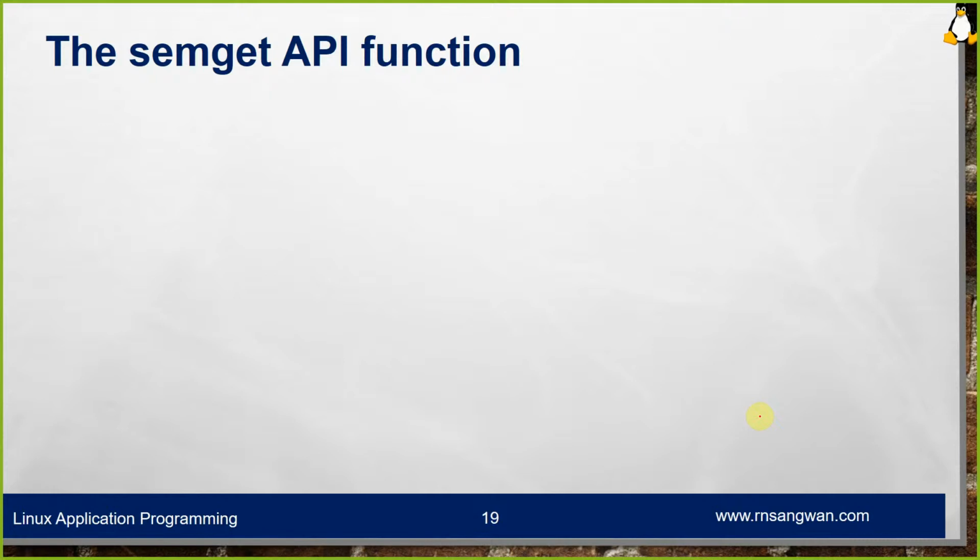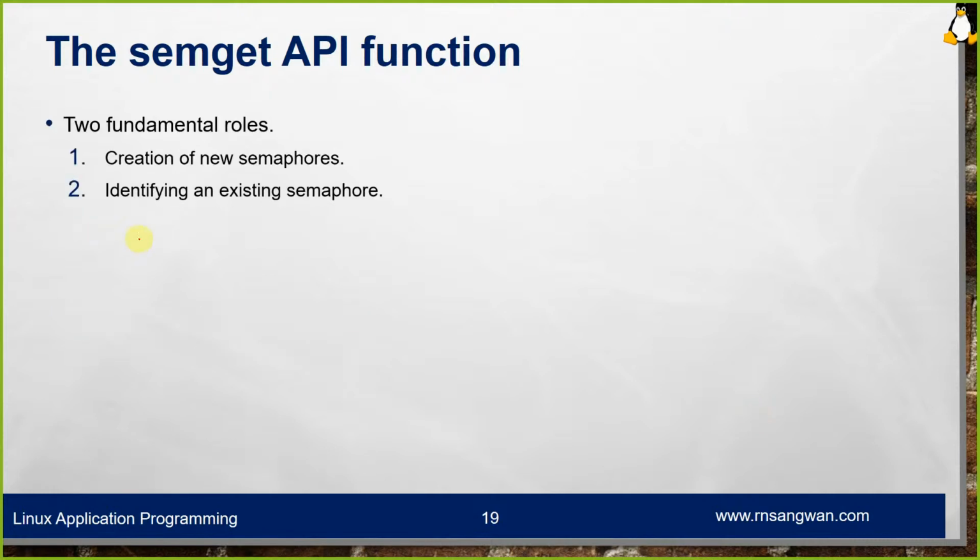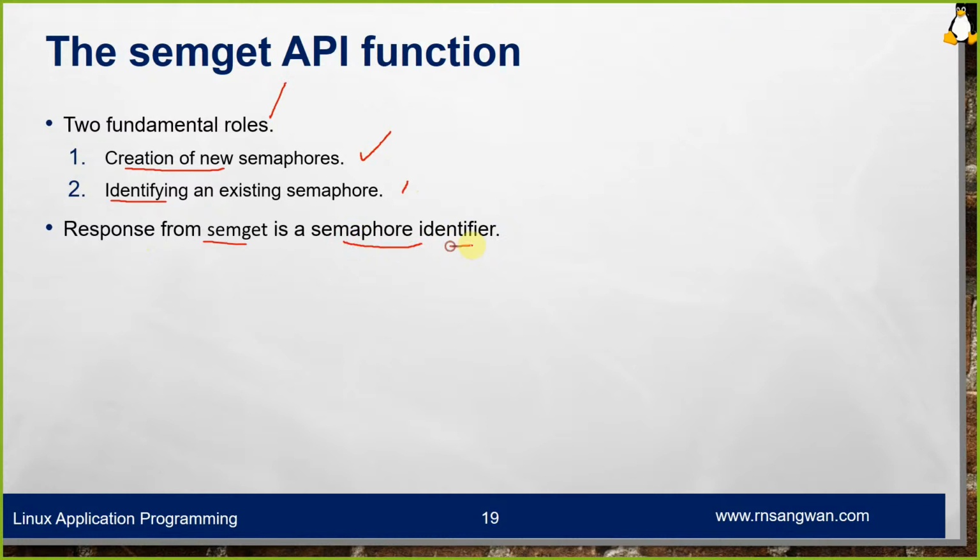Semget API function. Two fundamental roles it plays: creation of a new semaphore and identifying an existing semaphore. The response from semget is the semaphore identifier.